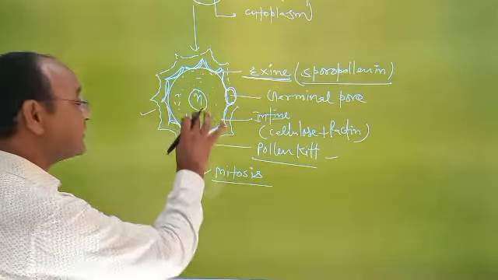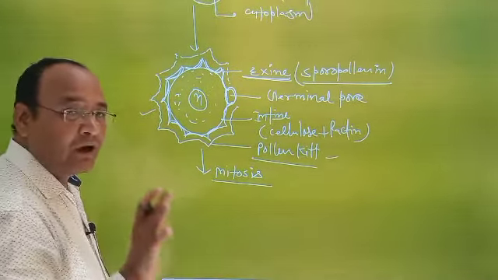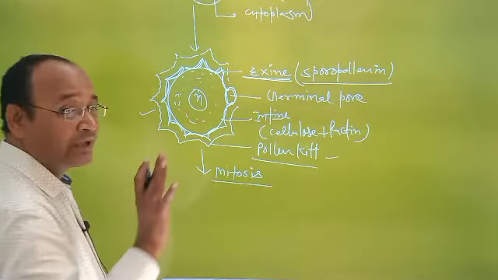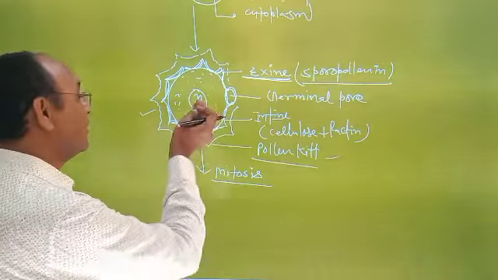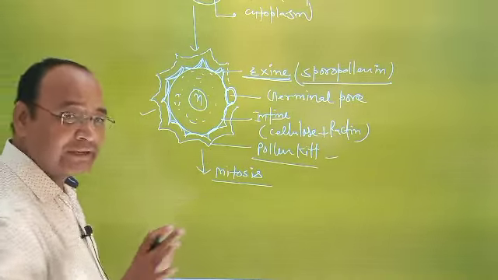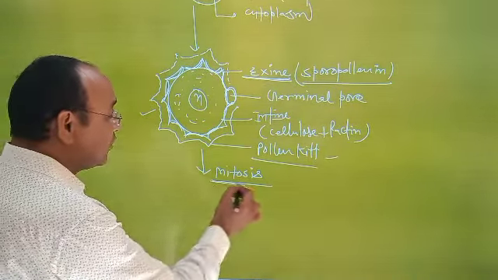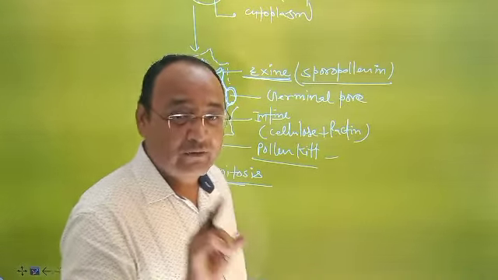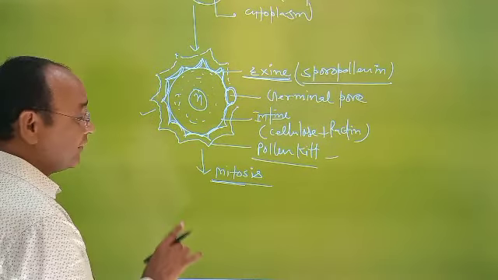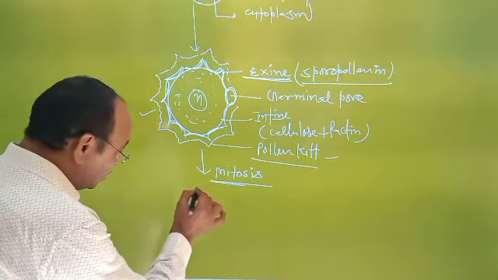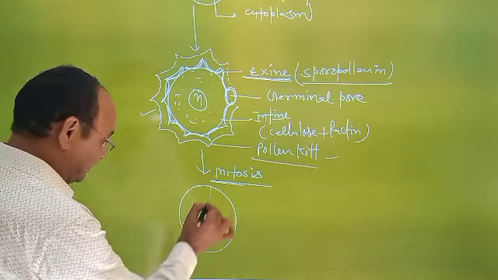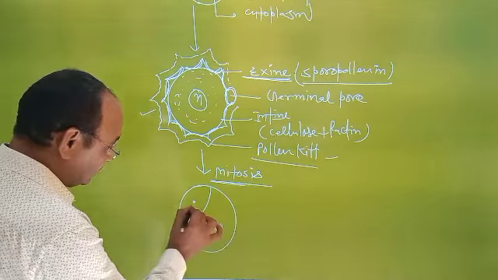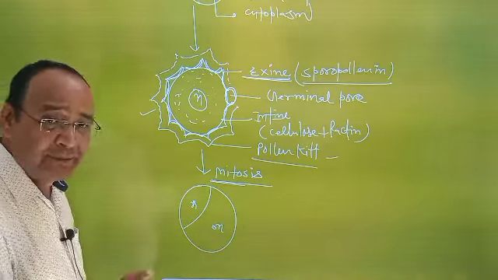For example, if the parental cell has 7 chromosomes, then each new cell will also have 7. Now it undergoes unequal mitotic division. Unequal means the two cells formed are not equal. Due to unequal mitotic division, 2 cells are formed in the pollen grain: one small cell and one large or big cell.